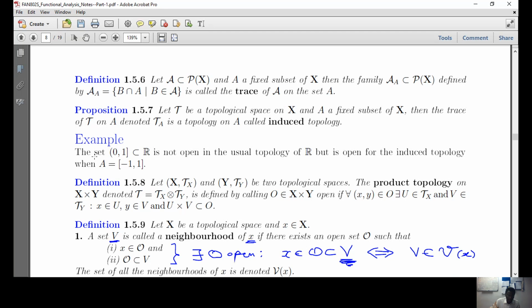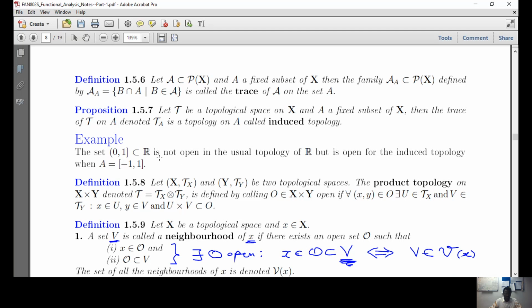Okay, if you look at this example, we take the interval open at 0 and closed at 1, so the interval (0, 1].